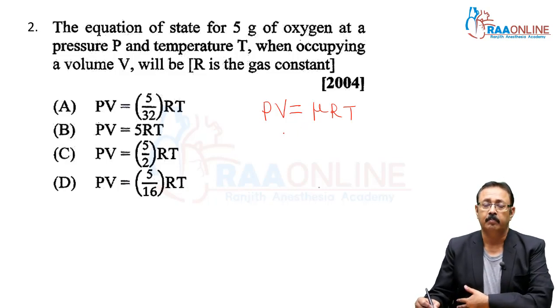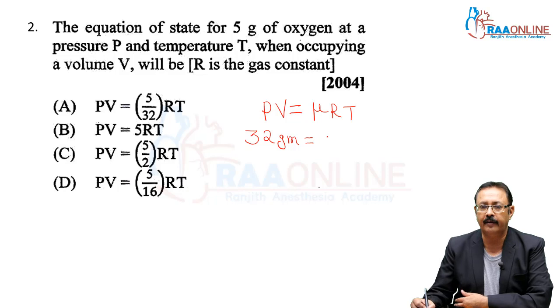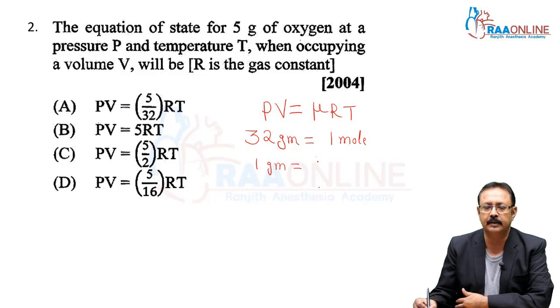You know that the molecular weight of oxygen is 32. It means if you have 32 gram of oxygen in your pocket, you can say I have 1 mole of oxygen gas. So 32 gram means 1 mole. So 1 gram means 1 upon 32 moles. So 5 gram means 5 upon 32 mole.